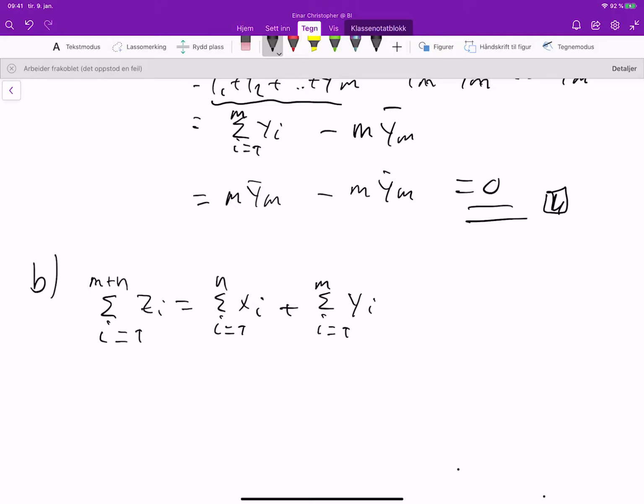And why is this correct? Well, let's convince ourselves.